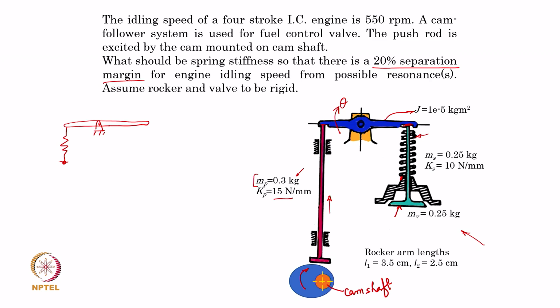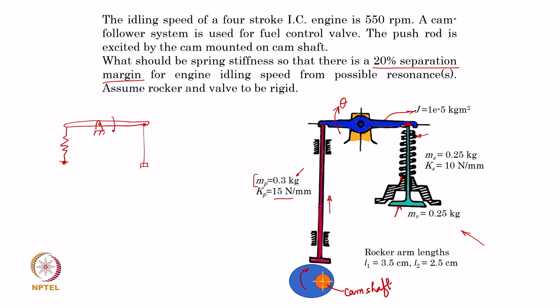spring in the analysis. At the other end, this valve is connected to this end of the rocker arm. So, there is a valve which is like a cylindrical piece with a flat valve at the tip, but as the rocker arm moves in the angular direction with angle theta, the valve simply gets pushed up and down.